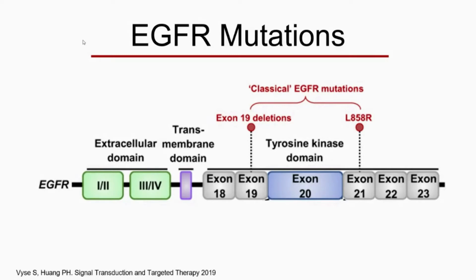And if you look on an individual street, there are different addresses along the street. The same is true for a gene, so that there are different addresses. So the classical mutations are at addresses in exon 19, and then a specific address at 858, this L to an R. And so there's a specific nomenclature that oncologists will use.